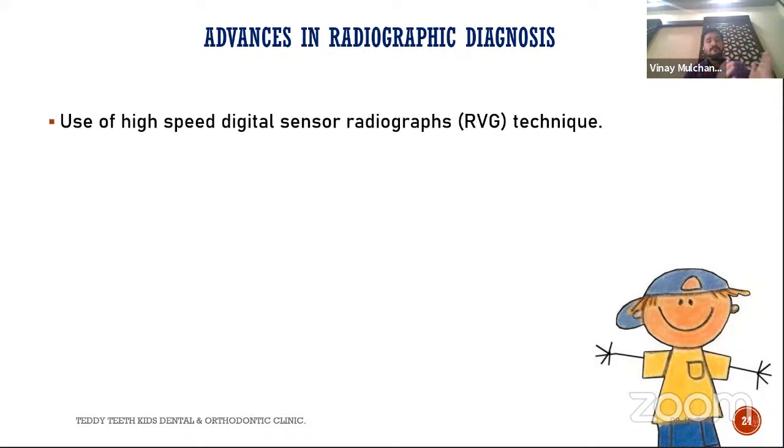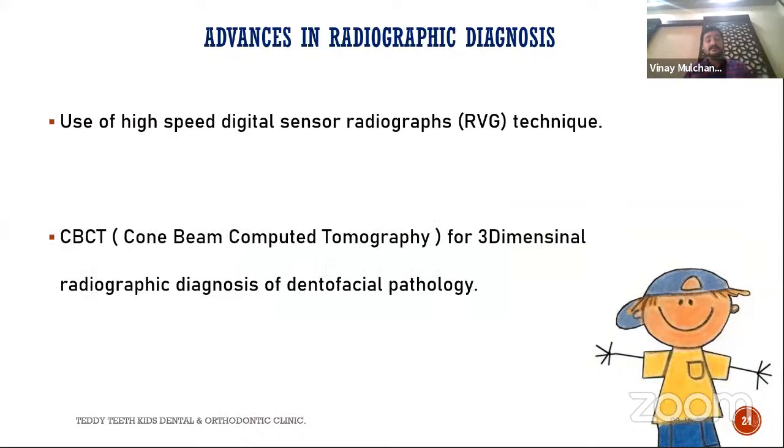Earlier, conventional radiographs had a higher dose of radiation, and now have been switched to digital X-rays, where the dose is very minimal. The other advancement is the use of CBCT, that is cone beam computed tomography, which is a three-dimensional radiographic diagnosis and a very useful tool to diagnose any pathology.